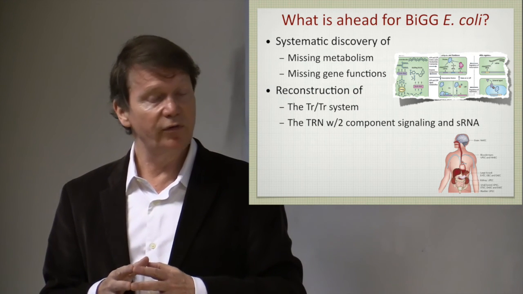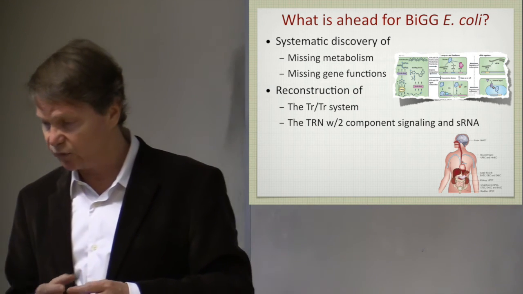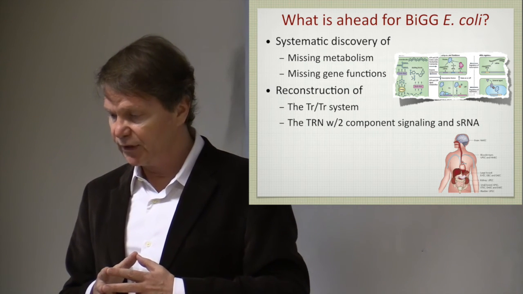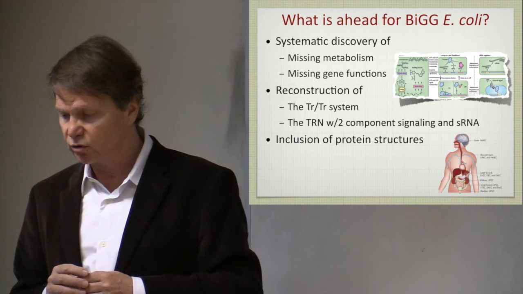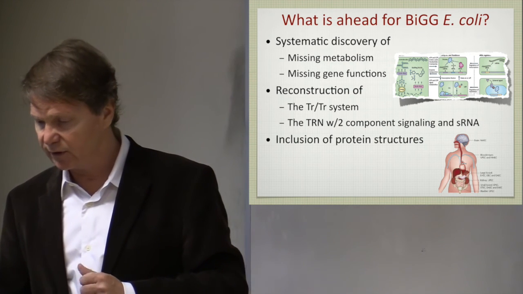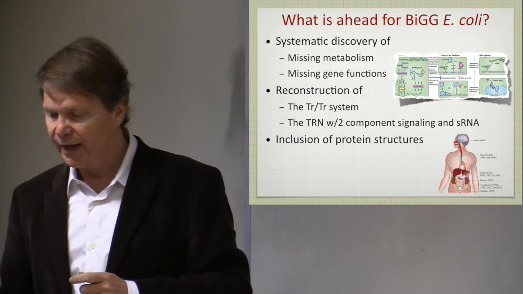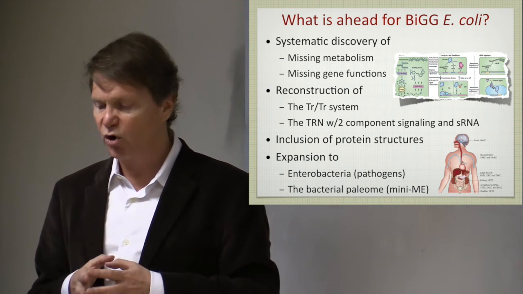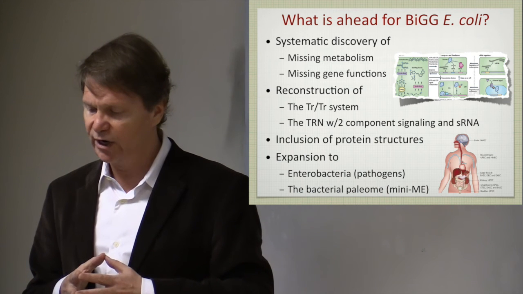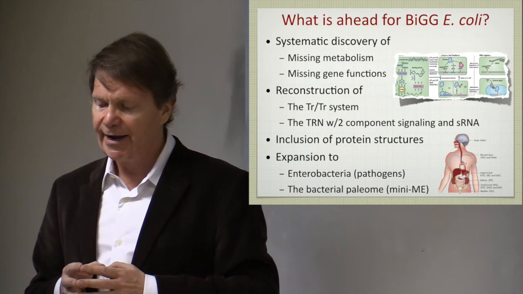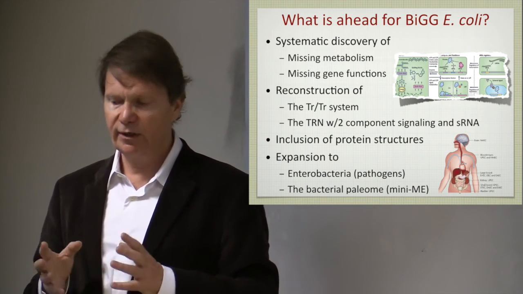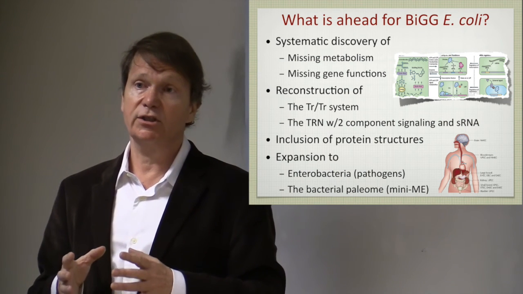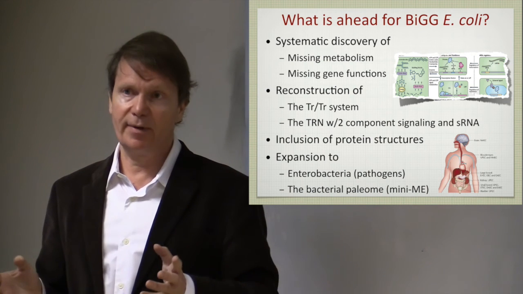There is more of an experimental discovery process needed there before that can be reconstructed. I mentioned that this is ripe now for the inclusion of protein structures, and that opens up a lot of possibilities we'll talk about later. And now the expansion of scope is not so much this strain of E. coli, but looking at other related strains and looking at what is called the paleo, trying to figure out what the core processes are that take place in every bacteria.